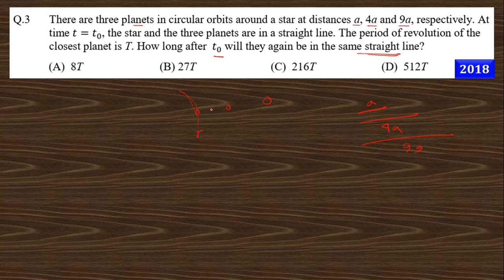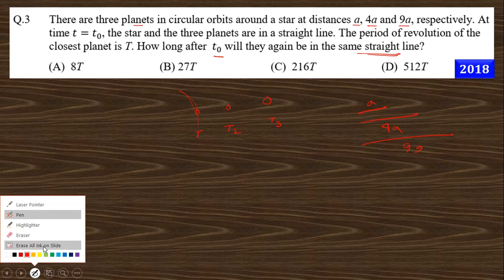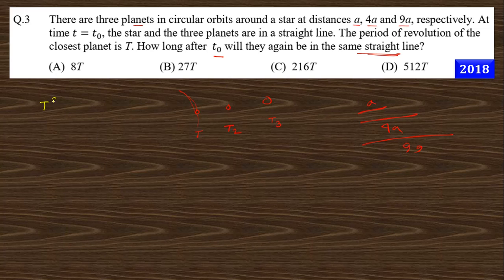For that you need to know the time period of the second planet and the third planet. You know from Kepler's third law that T square is proportional to r cube. So in the case of 1 and 2, T2 square by T square is nothing but 4a by a, whole cube.